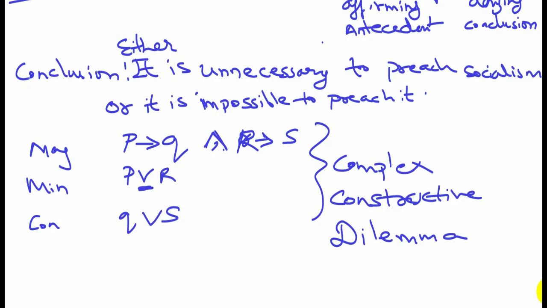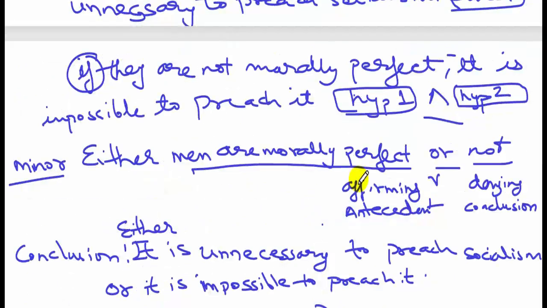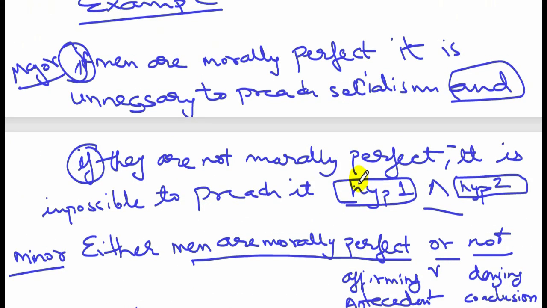So, in the example shown here, right, major is there, minor premise is there. The major premise is formed by the conjunction, that is the 'and', of two hypothetical propositions. So we saw this was the first hypothetical proposition, this is the second hypothetical proposition.